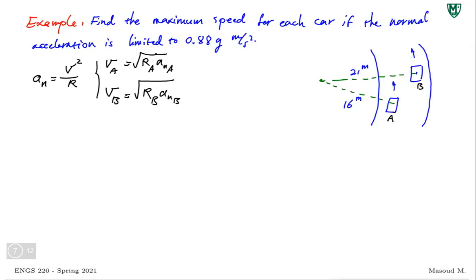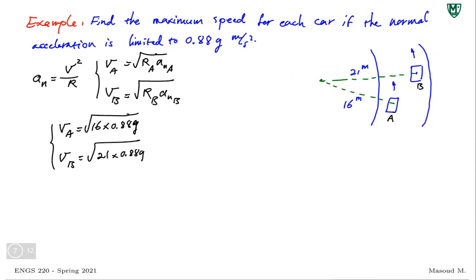I'm going through this by writing because I want to give you time for the quiz. So r_A is 16 times 0.88 g, and v_B is the square root of 21 times 0.88 g.